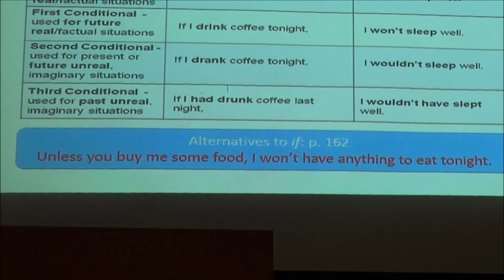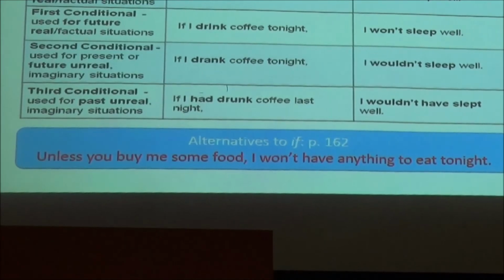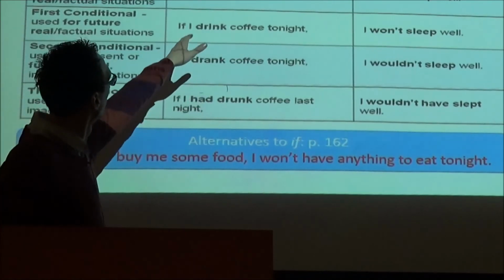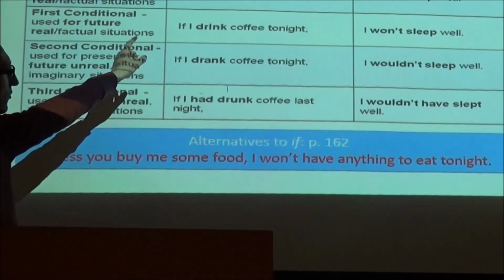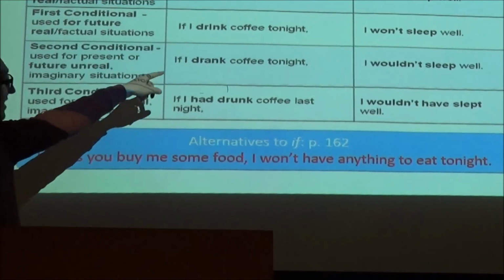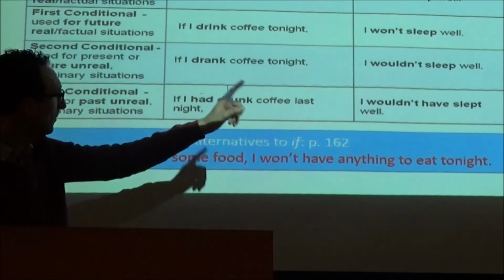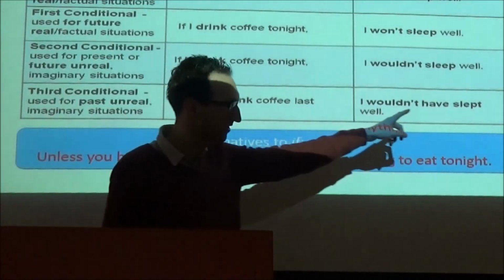If I drank coffee tonight, I wouldn't sleep well. And if I had drunk coffee last night, I wouldn't have slept well. These are the 4 conditionals. And you can see the different tenses. Drink, don't sleep. Drink, won't sleep. Drank, wouldn't sleep. Had drunk, wouldn't have slept.